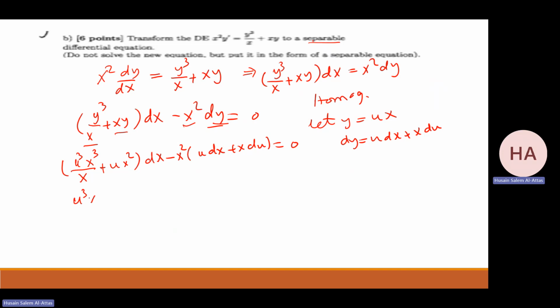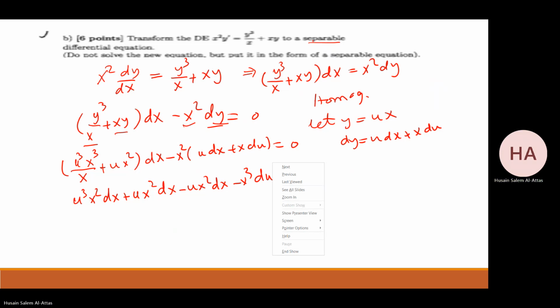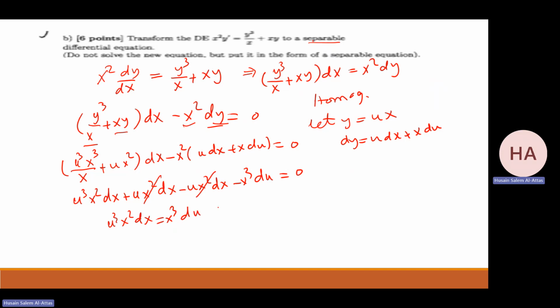That will be u cubed x squared dx plus ux squared dx minus ux squared dx minus x cubed du, that should equal 0. So these cancelled, and I have u cubed x squared dx equal x cubed du. So I have what?